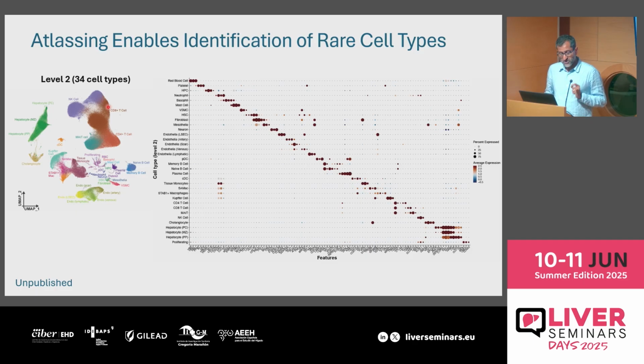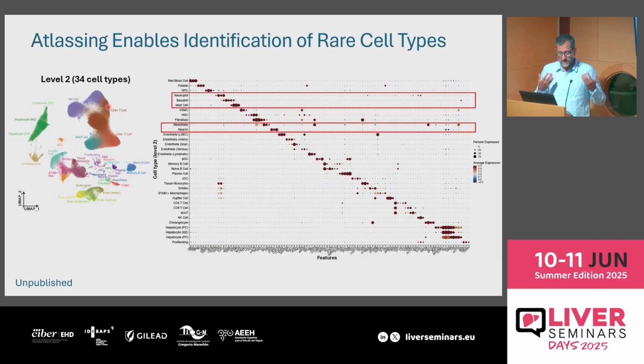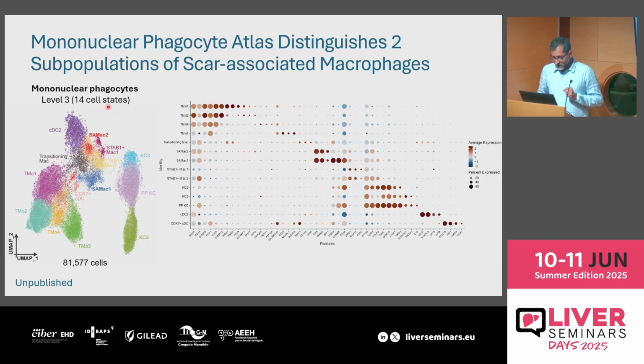So things which were not identified in the original studies, things like basophils, mast cells, mesothelial cells, neurons even, we can identify from this larger scale atlas, and we can now start to unpick marker genes which differentiate these different cell types. So for the purposes of today, I'm going to focus on the macrophages.